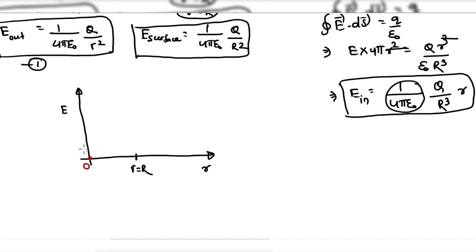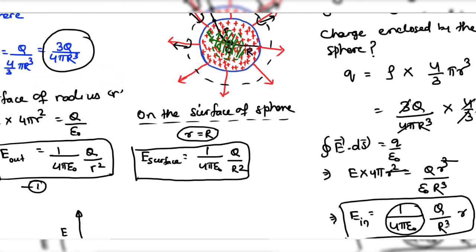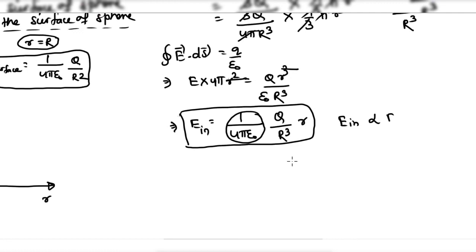So this is the origin, which is the center. When we are moving from the center up to the surface, look at the diagram here, then what happens? Inside the sphere, electric field is directly proportional to r.